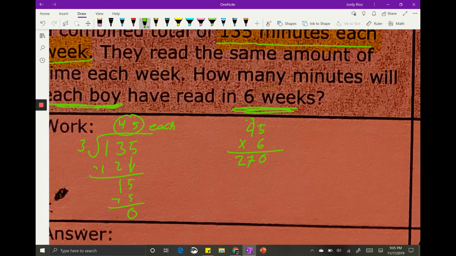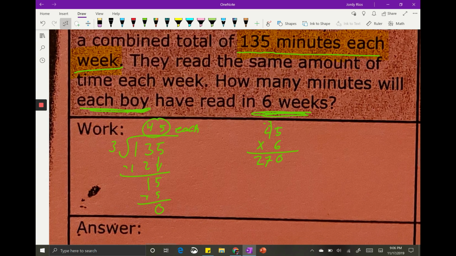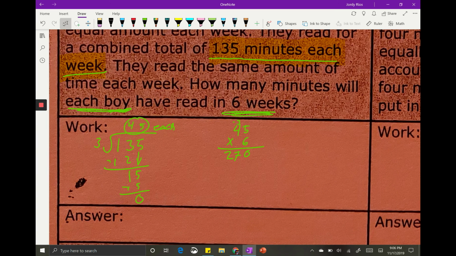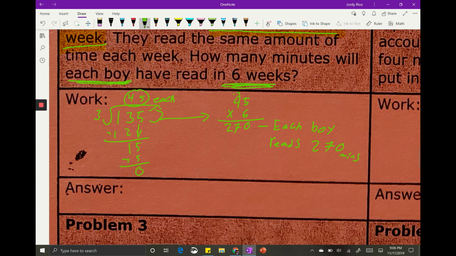Now I can answer the question. How many minutes will each boy have read in 6 weeks? We know each boy reads 45 minutes per week, so we just multiply that by 6 weeks. And so now each boy is going to read 270 minutes. Okay, so my answer is 270 minutes.